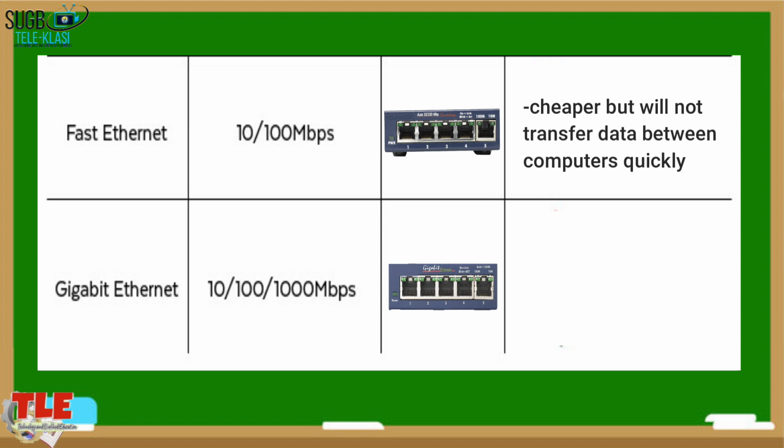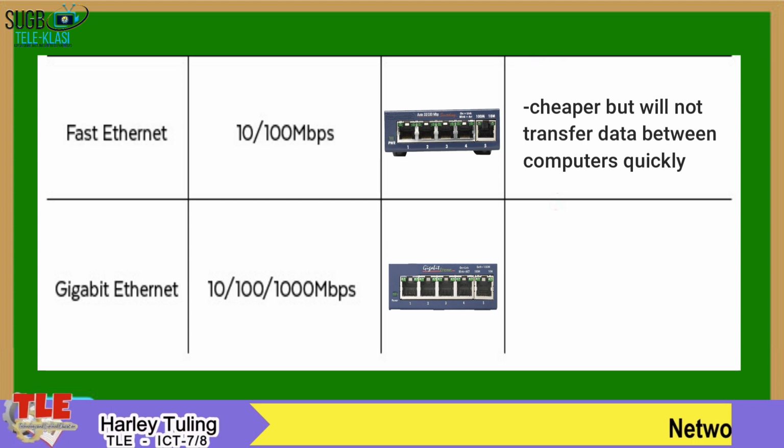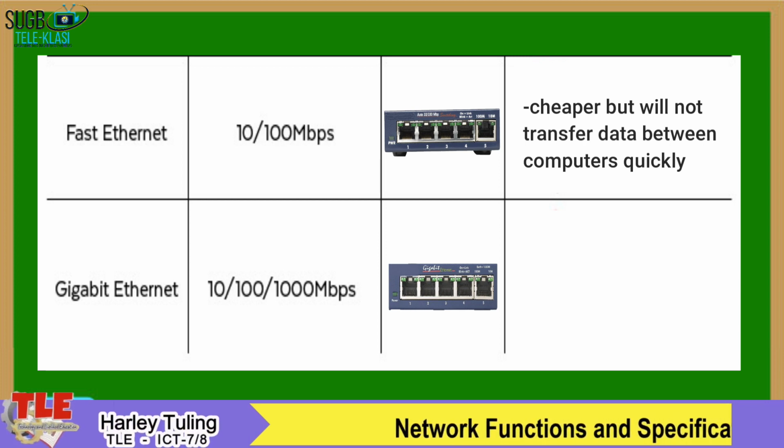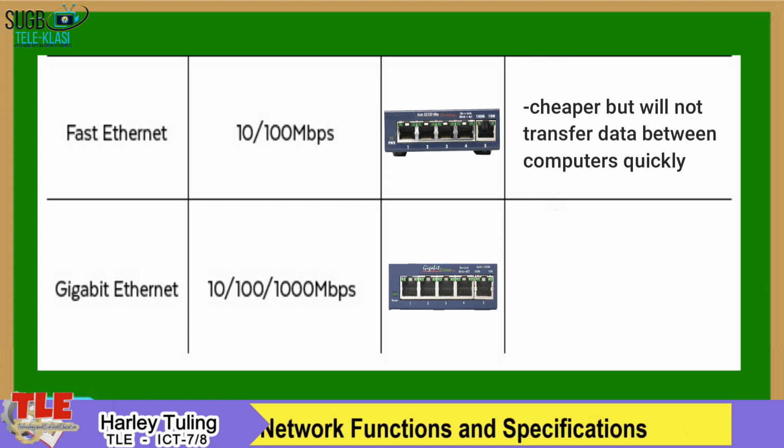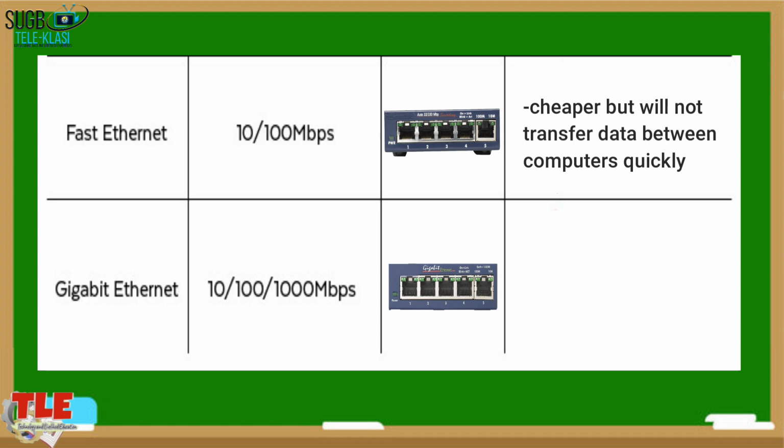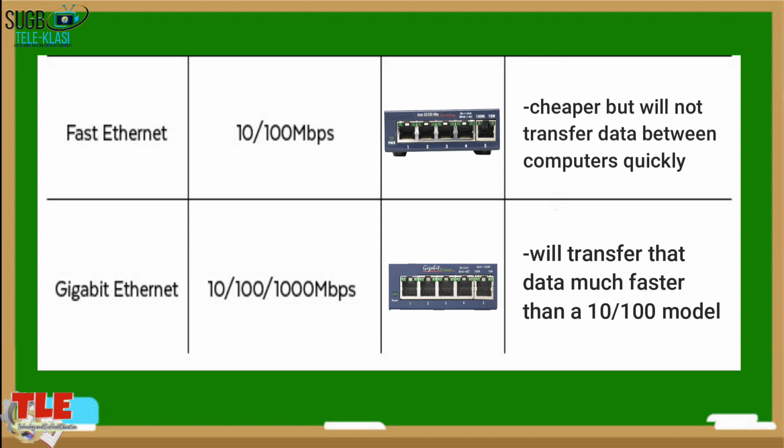If you are only using your router to connect to the internet, 10/100 is fine, since your internet connection is probably slower than 100 Mbps, meaning you will not be able to actually take advantage of the router's full speed. If you are transferring data between computers, however, you may want to go with a gigabit router, since it will transfer that data much faster than a 10/100 model.